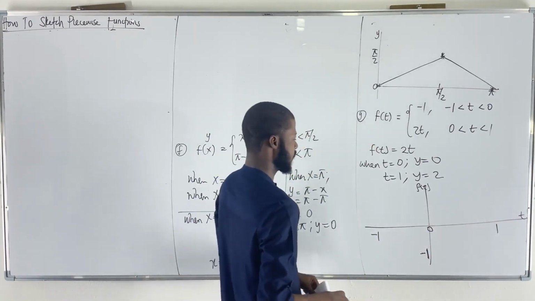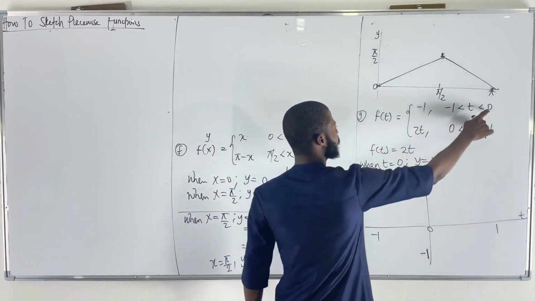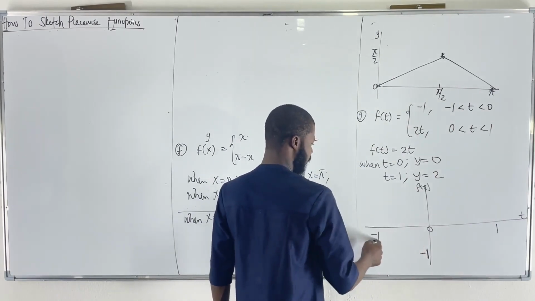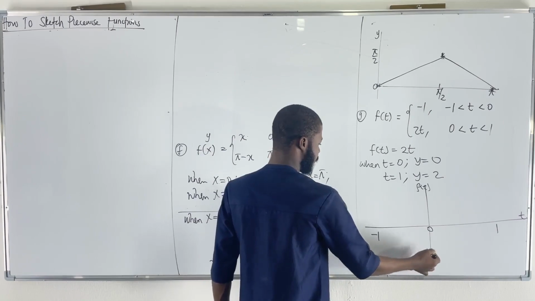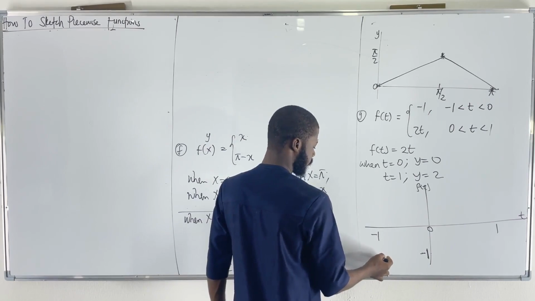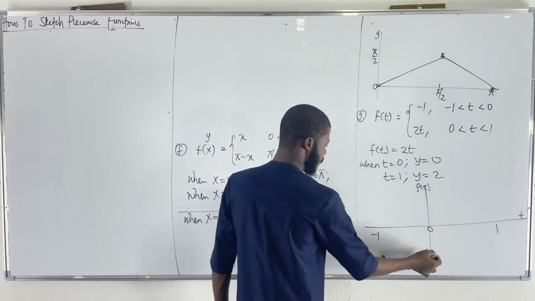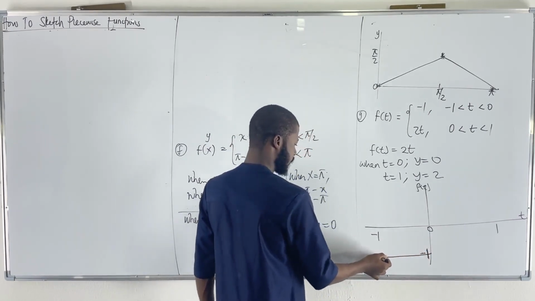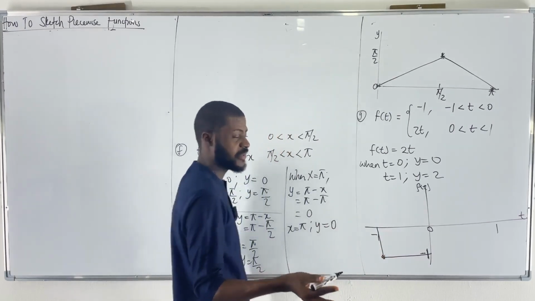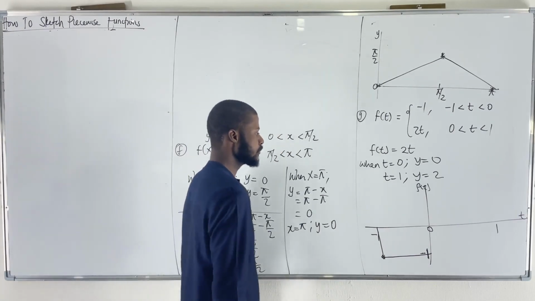At the first point, they said from minus 1 to 0, we're having minus 1. So from minus 1 all the way to 0, the value was minus 1. So you have something like this here. So that's just a horizontal line. Now, if you wish, you can connect this together.